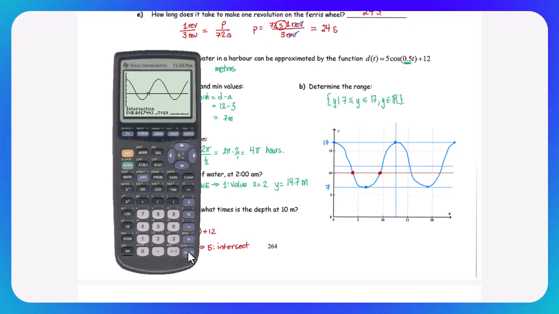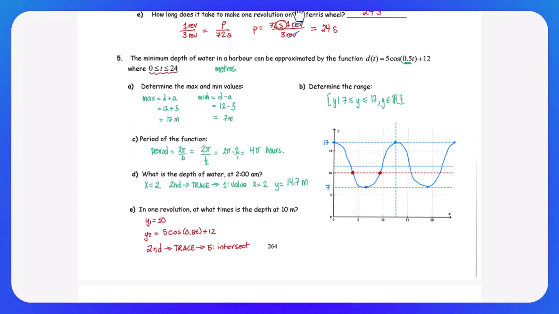And there's the second one. So let's write these numbers down. So the first x value that gave us this 10. And remember, it's not really an x value. So let's back that up a little bit. Let's say it's what it is.